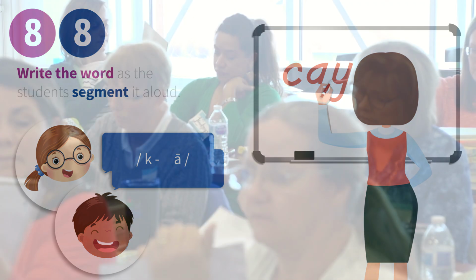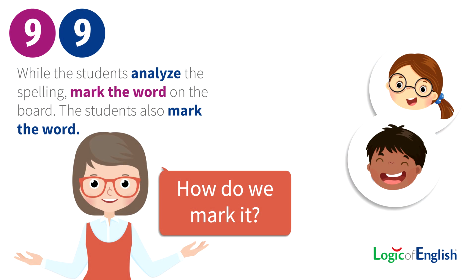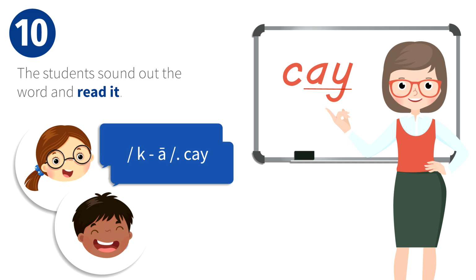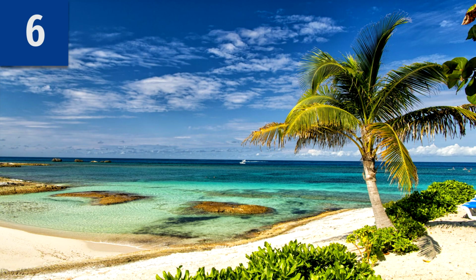K, A. And then you will ask, How do you mark it? and I'll say, underline two-letter A. And then you'll point as the student sounded out, K, A, K. Is that helpful? So a K, what is a K? It's a small or low-lying island or bank composed of sand, especially in the Caribbean.